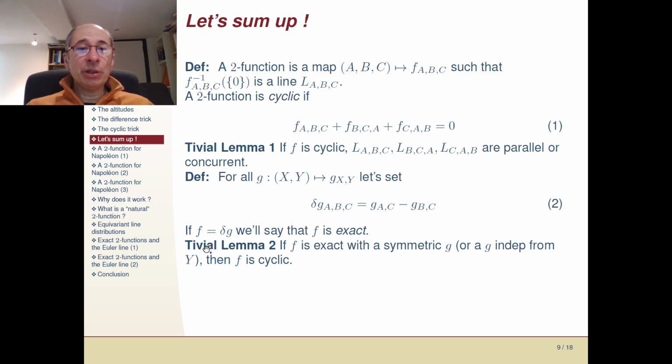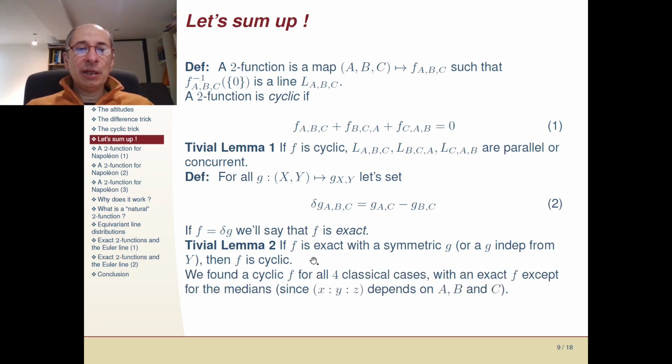Anyway, there is a second trivial lemma, which is that if f is exact and it comes from a symmetric G, that is a G such that G_xy equals G_yx, or if G is independent from y, then in both cases f will be cyclic. And this is exactly what happened in the classical case.